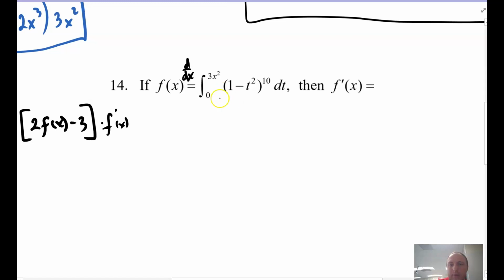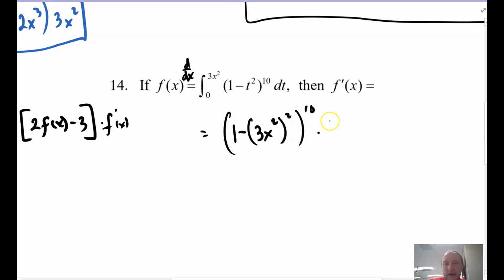Notice your lower bound's a constant, so that derivative is going to be 0, and I can evaluate this function. So this is 1 minus t squared, and again, t in this case is 3x squared, and all of this is to the power of 10, and we're going to multiply by the derivative of our bound, which is 6x.